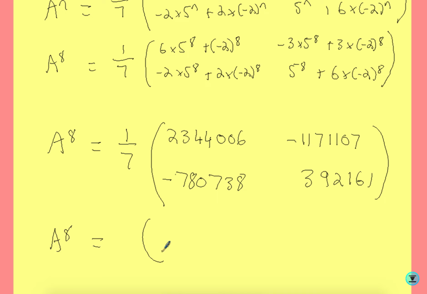So 2,344,006 divided by 7 is 334,858. It is negative 1.